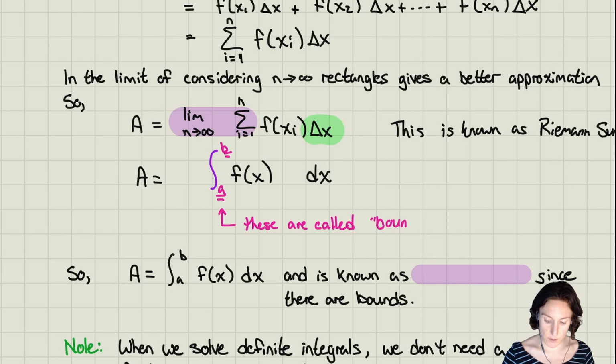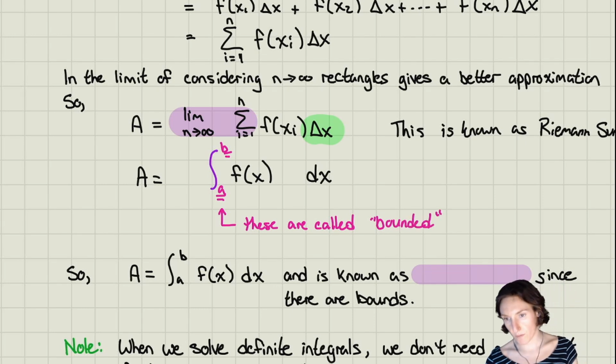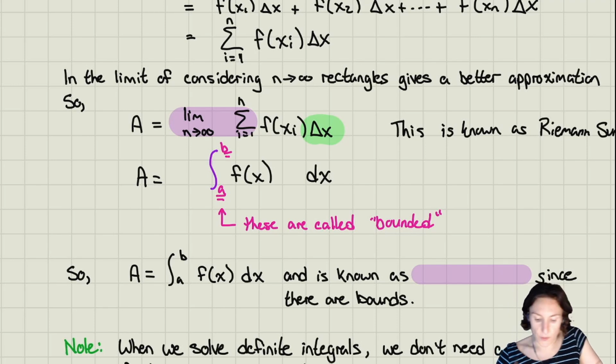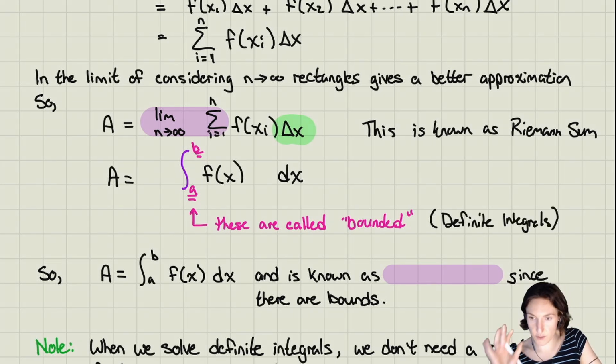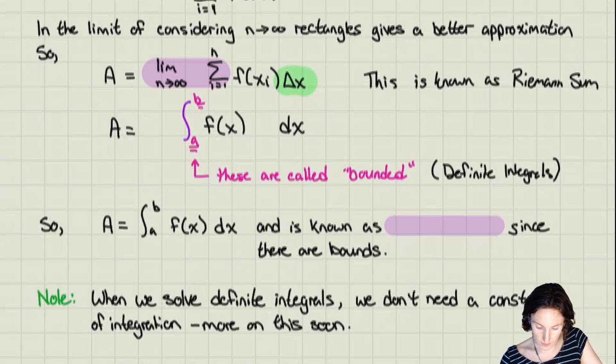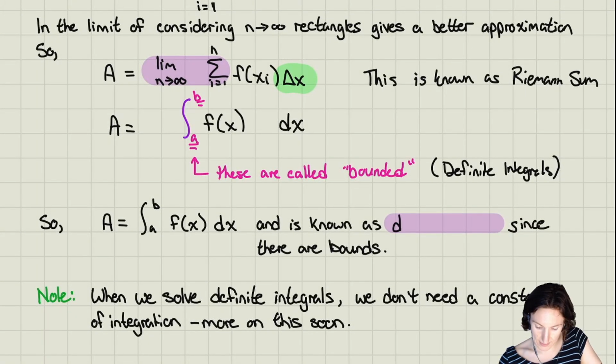We're integrating over a specific region for our variable. That's what's referred to as a definite integral. When there are no bounds, it's indefinite. Again, we will review this next week and give a formal definition. So this is known as a definite integral since it has bounds.